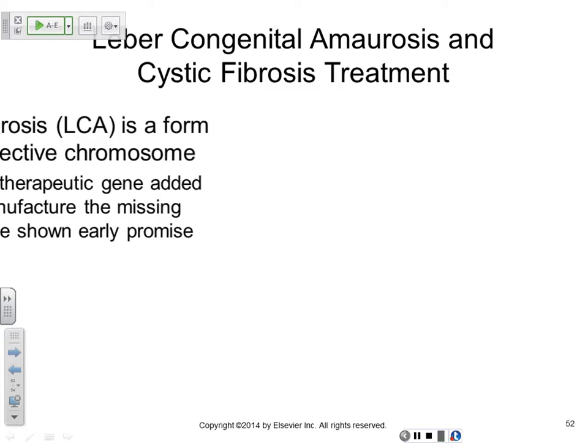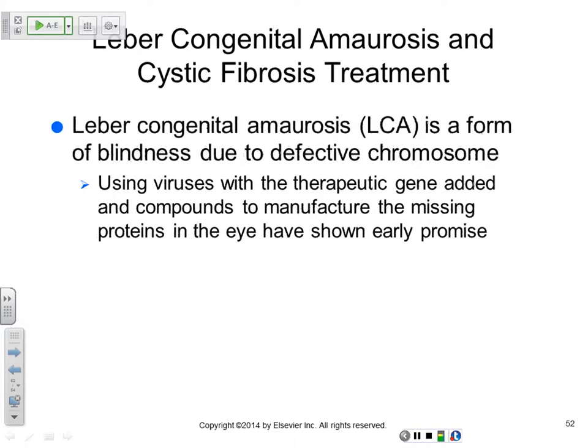So, and then some more problems here, Leber congenital amaurosis, which is a problem with a gene that's found in a photoreceptor in the rods and cones, and that gets you blind, you end up blind. So they've tried various techniques where they introduce into the retina viruses that have been genetically modified so that they can insert that protein.